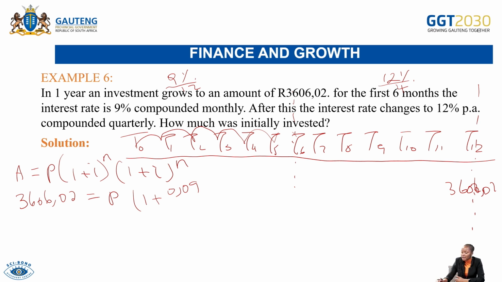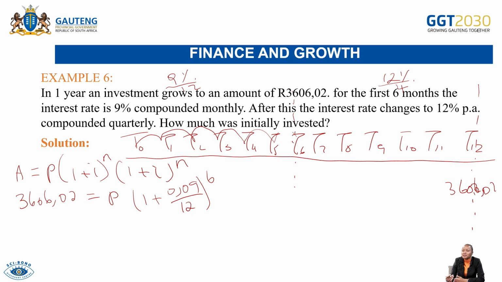So you say 9% divided by 100, then you will get 0.09. And since it's compounded monthly, you need to divide by 12. You close the bracket. Then where there is n, you will have the 6. What is the 6 for? They said for the first 6 months, the interest rate is 9%.